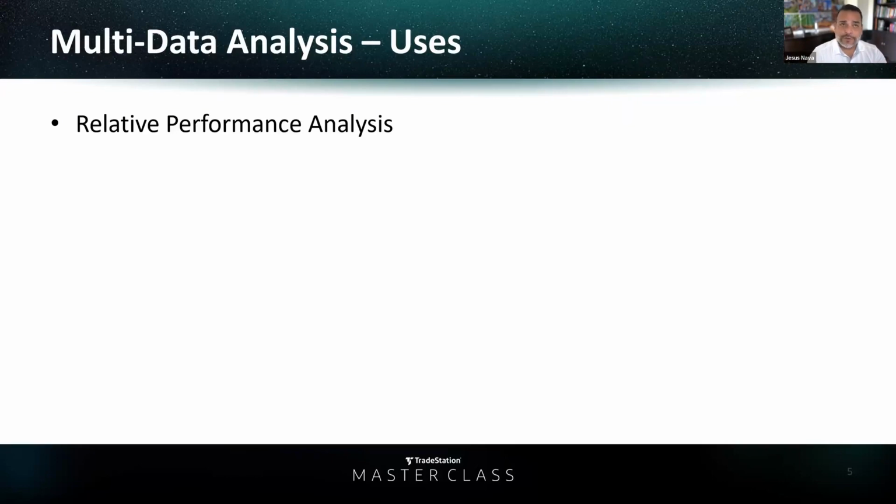It'd be very cool for you to load up the 500 companies that are listed in the S&P 500 and see how they compare to the index itself. The S&P 500, of course, is an index, but some of the companies inside of that index are going to outperform the index and some will underperform. So multi-data analysis allows you to do that type of relative performance and rank your symbols based on that performance.